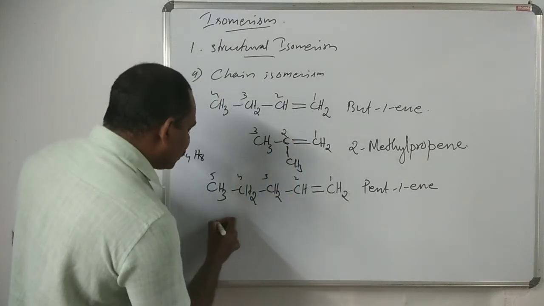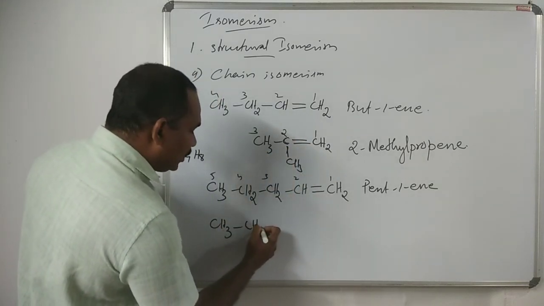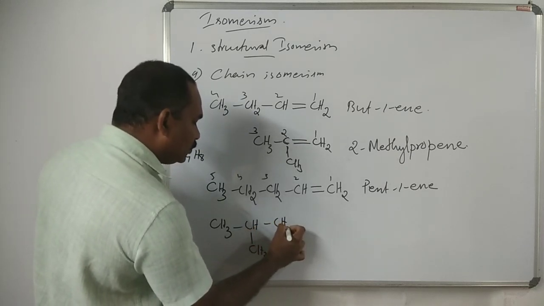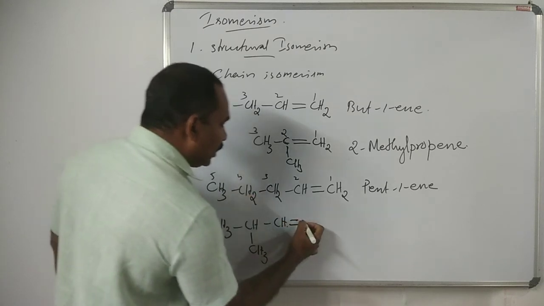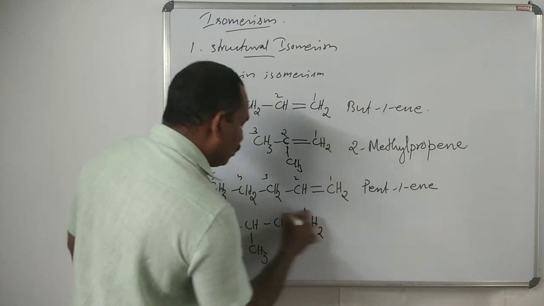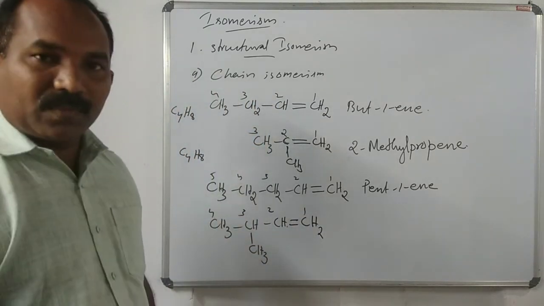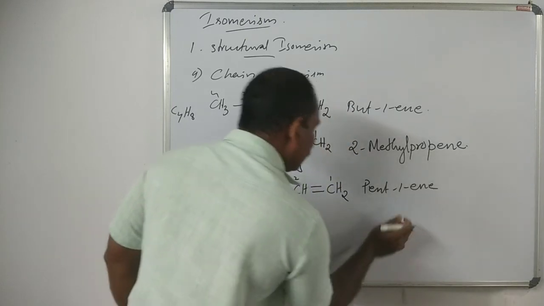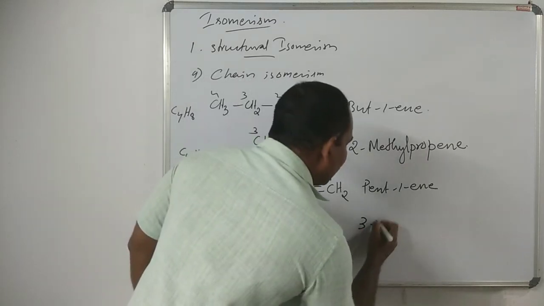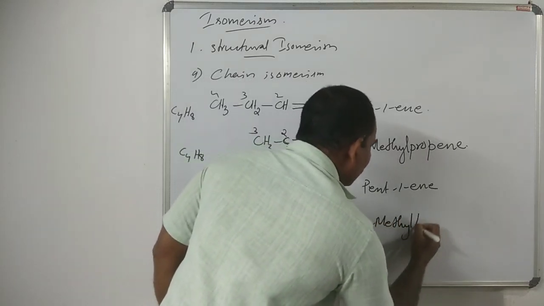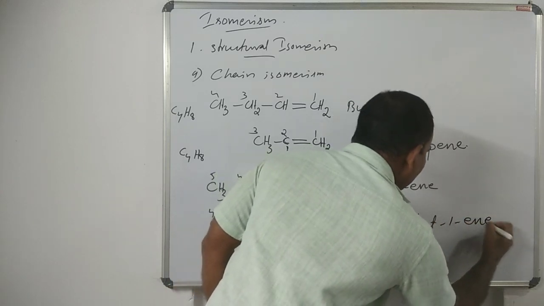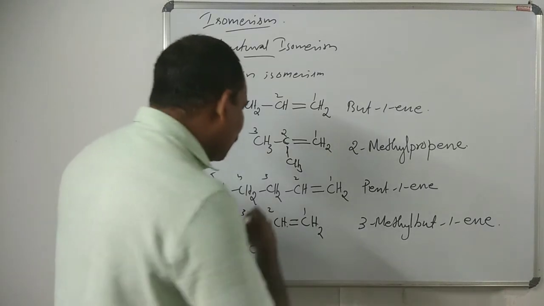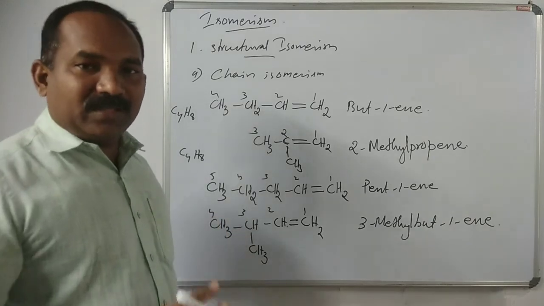And its chain isomers: CH3, CH, CH3, CH2, CH double bond CH2. 1, 2, 3, 4. Okay, one substituent is there. 3-methylbut-1-ene. Okay, 3-methylbut-1-ene. And one more isomer is there.